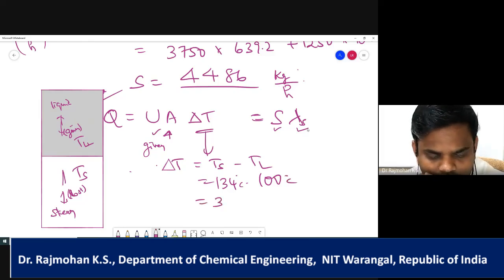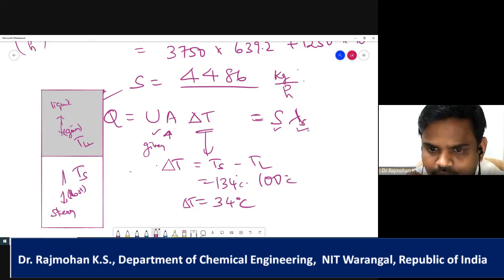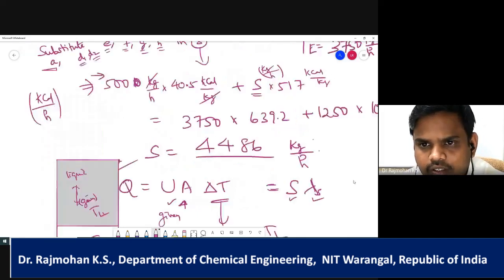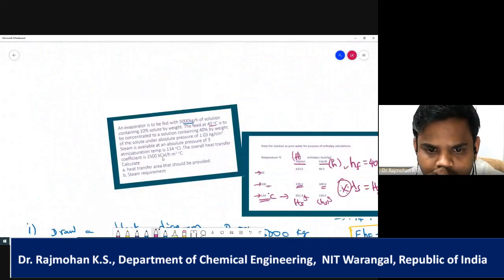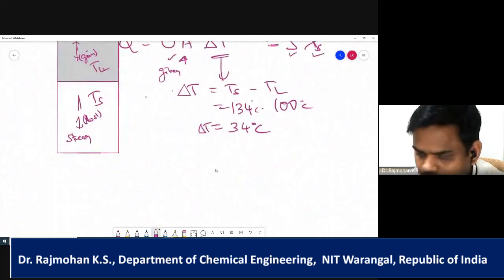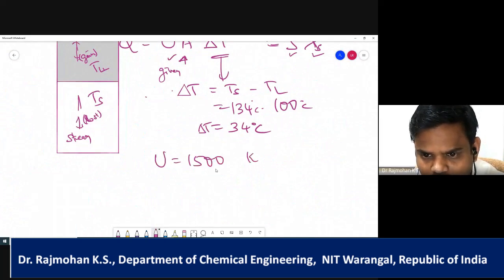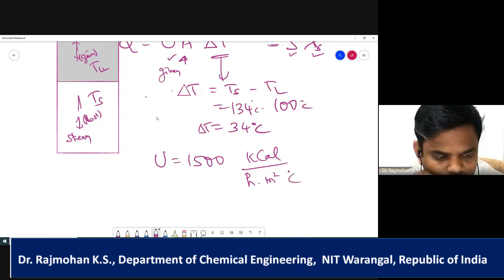So it is 34 degrees Celsius is the delta T. Okay. So U is given. What is the value of U given? U is 1500 kilocalories. So we have U value equal to 1500 kilocalories per hour meter square degree Celsius, right?